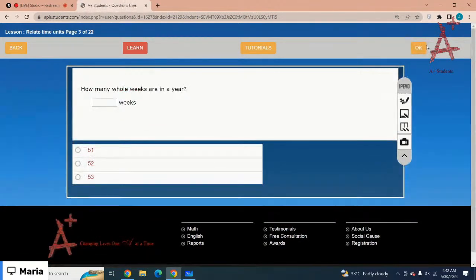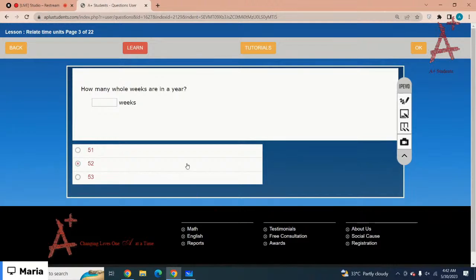How many whole weeks in a year? In 1 year, how many weeks do we have? 52 it is.